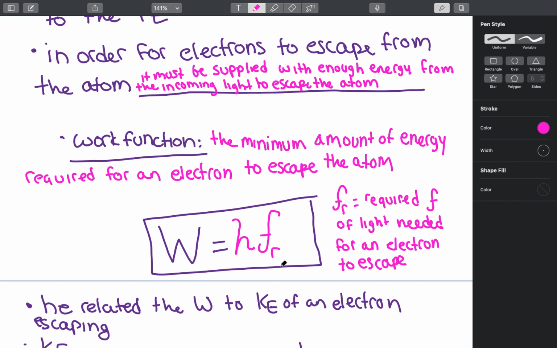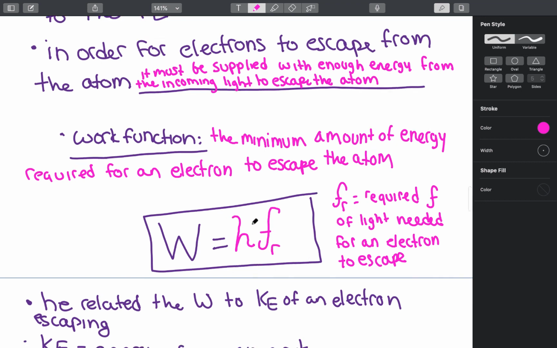So in order for an electron to escape, it must absorb at least the same amount of energy equal to this work function. So in order for the electron to escape, it must absorb the same amount or greater energy than the work function.